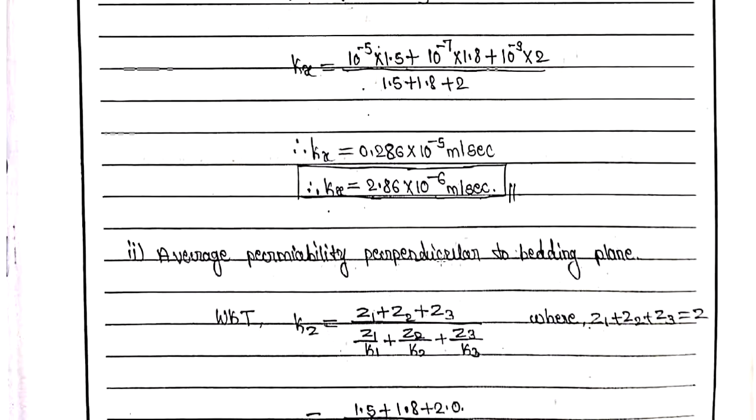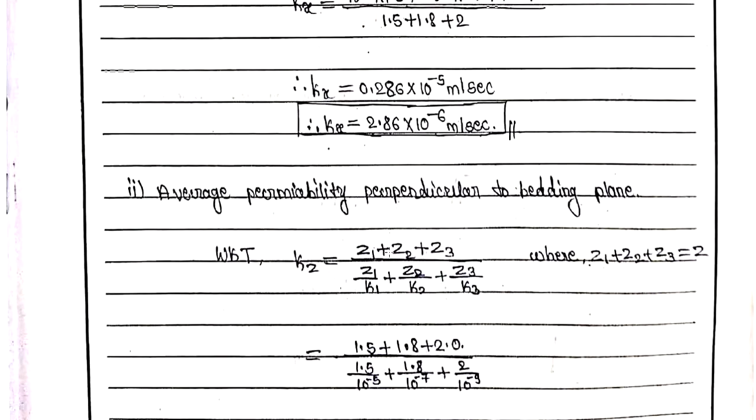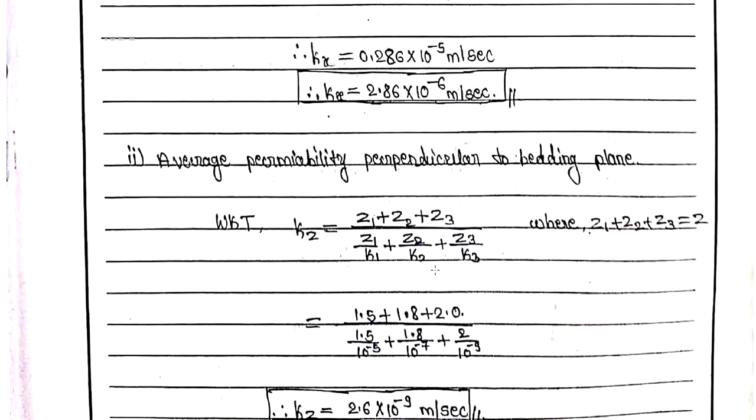Now the average permeability perpendicular to the bedding plane. Kz is equal to Z1 plus Z2 plus Z3, that is total Z, divided by Z1 divided by K1 plus Z2 divided by K2 plus Z3 divided by K3. As there are three layers, I am going to keep it as it is. So I am going to substitute the values: Z1 is 1.5, Z2 is 1.8, Z3 is 2.0.